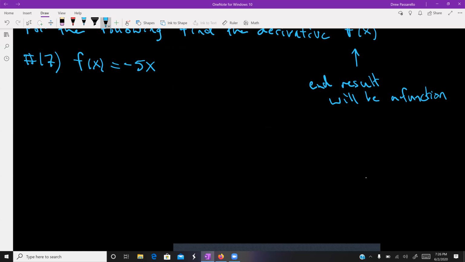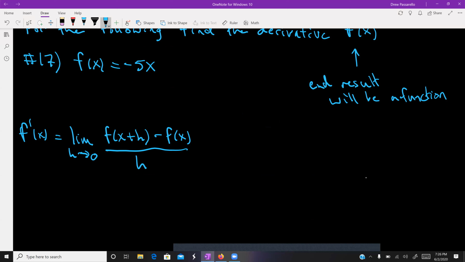All right, so f prime of x equals limit as h goes to 0 of f of x plus h minus f of x divided by h. That's what we're going to apply.